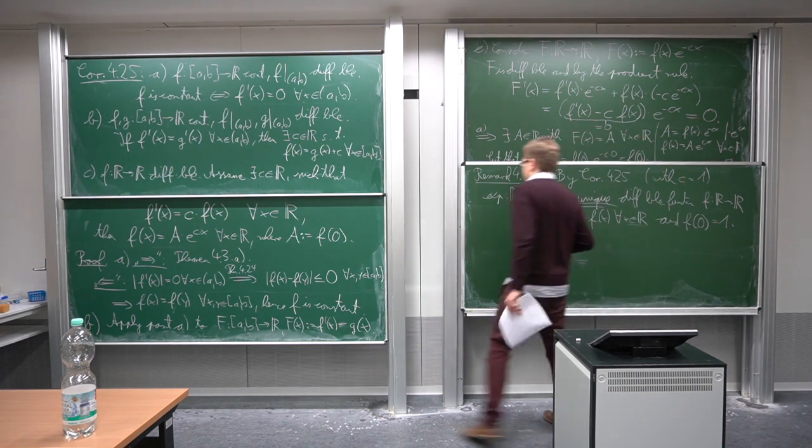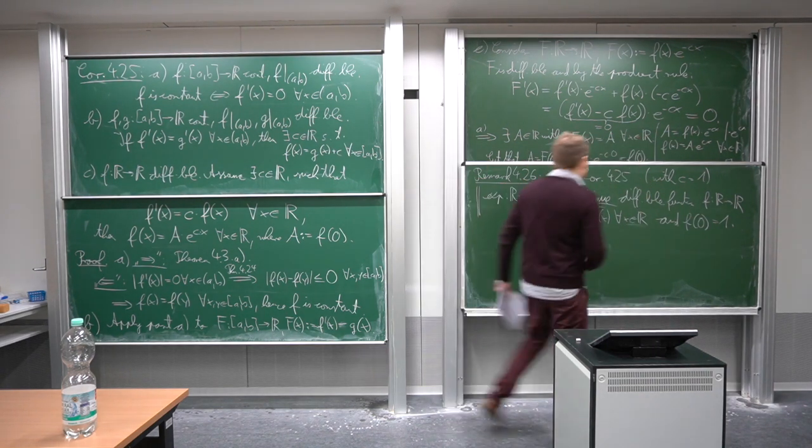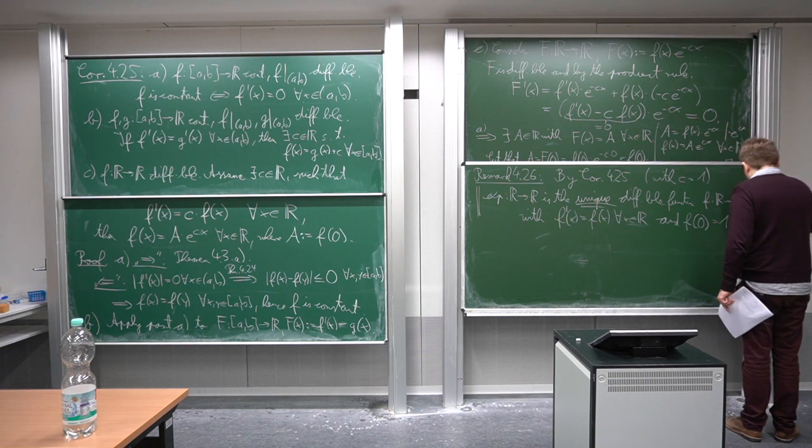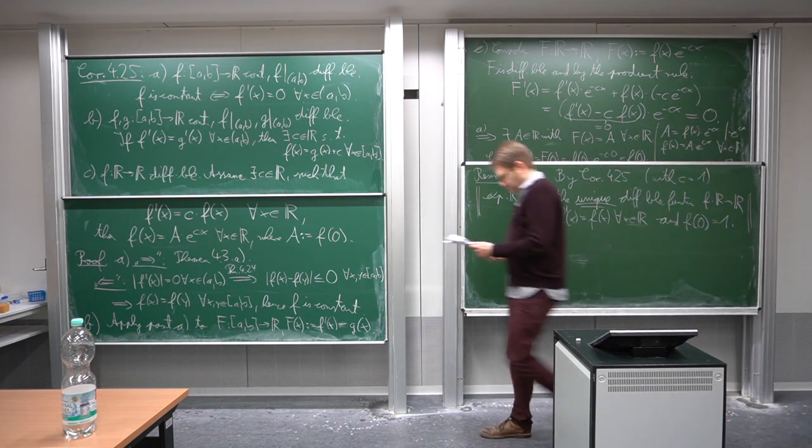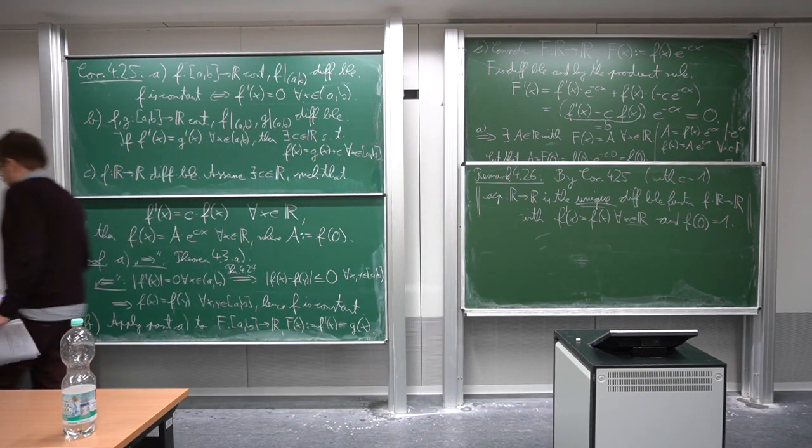And so it follows by this part C that this is really unique. So actually, if you only consider real numbers and ignore the complex numbers, you can define the exponential function in this way. Okay, because this is kind of what's implicitly used in high school.